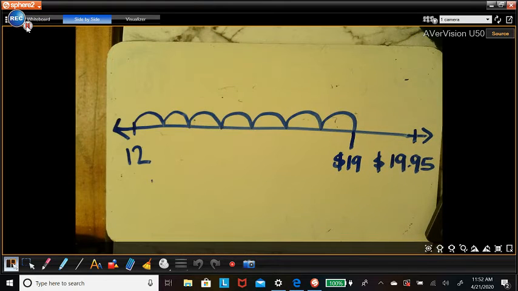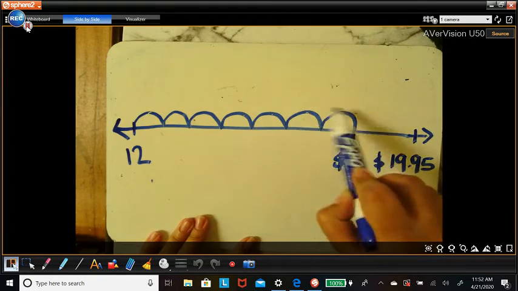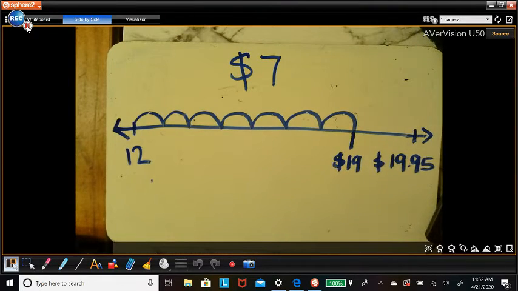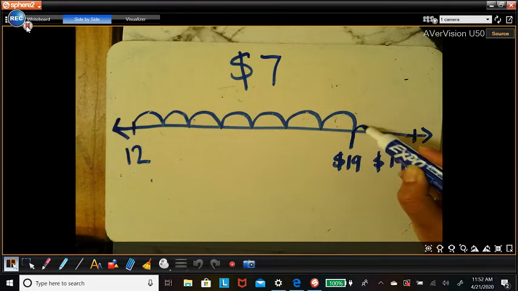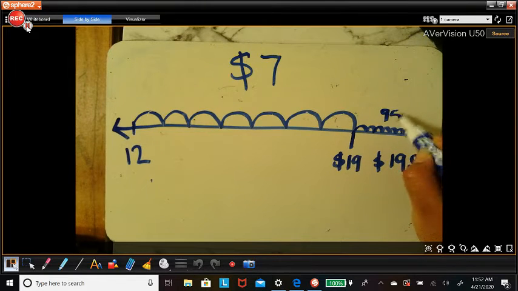That's when I was counting by whole numbers. How many is that? 1, 2, 3, 4, 5, 6, 7. So $7. But he's not at $19.95 yet. Well, guess what? He needs 95 cents. And I'm not going to draw 95 little loops, but you get the point. This is 95 cents.